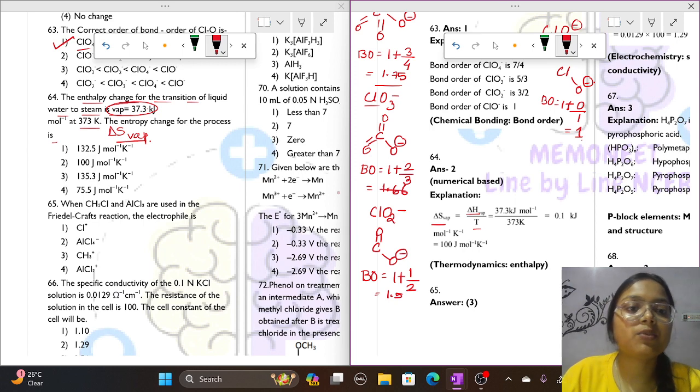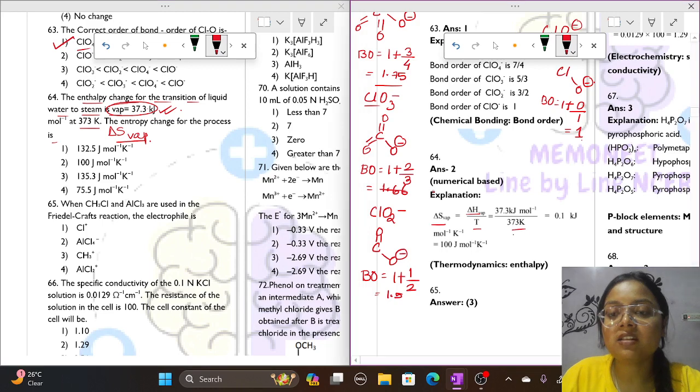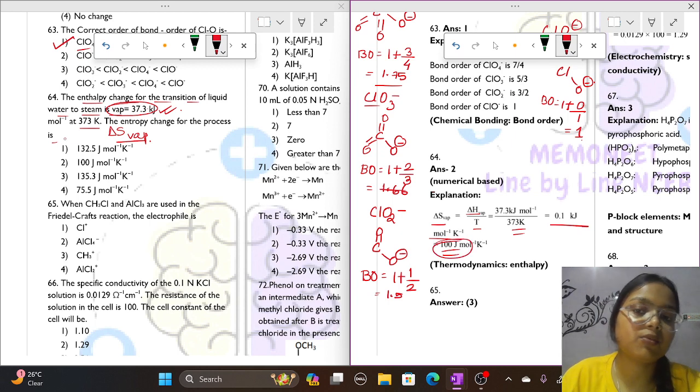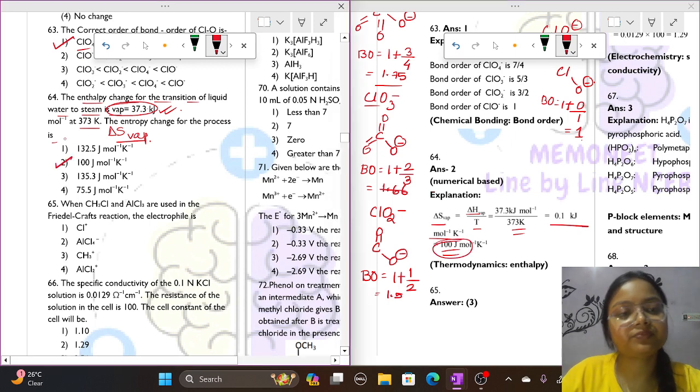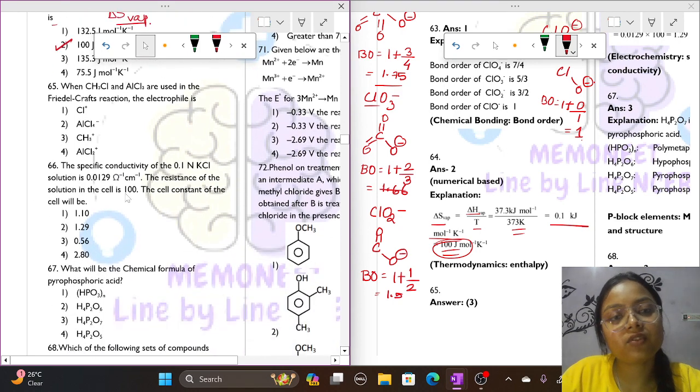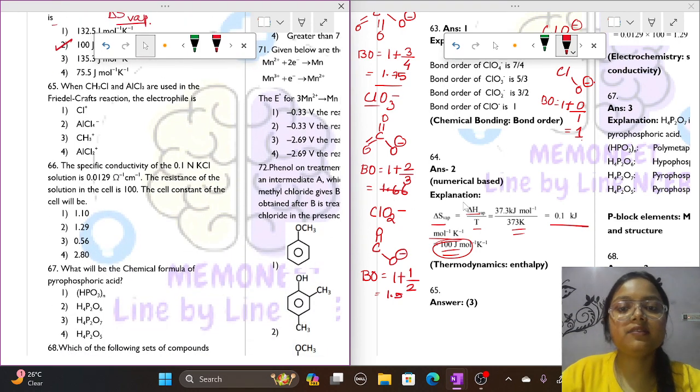Delta H vaporization is 37.3 kilojoule and temperature is 373 Kelvin. On putting it directly, we get 0.1 kilojoule per mole, but we have to find it in joule per mole, so it is 100 joule per mole. Option number 2.